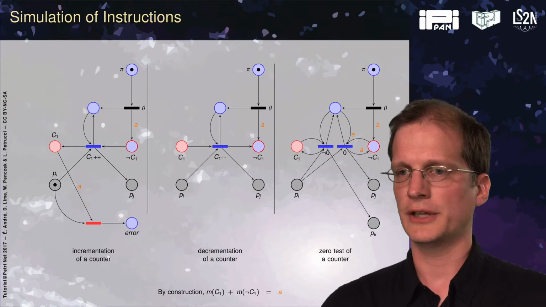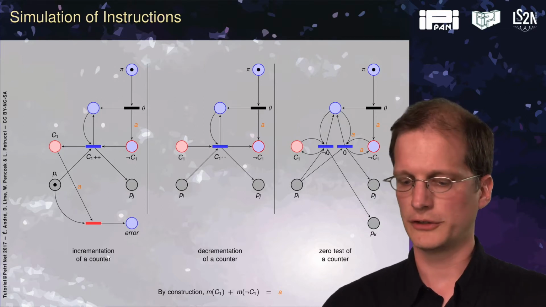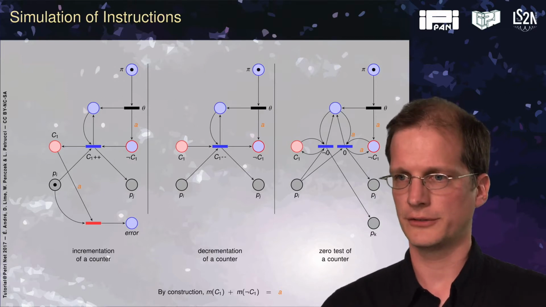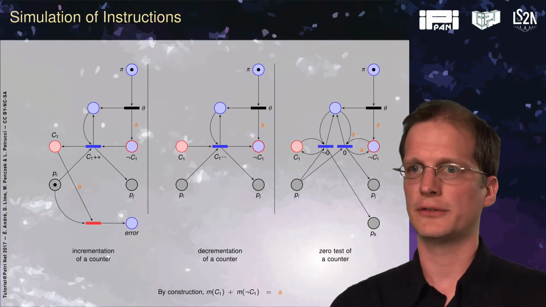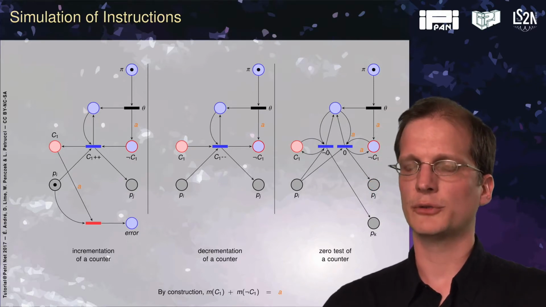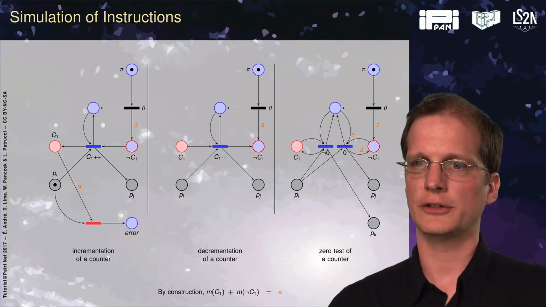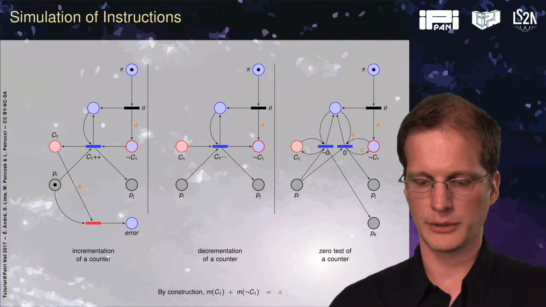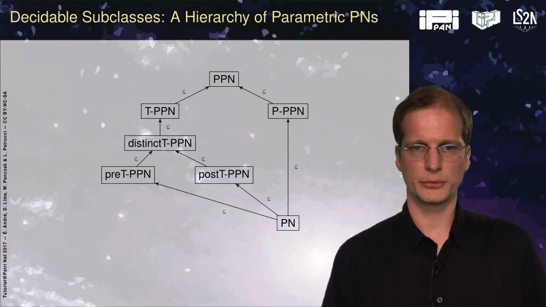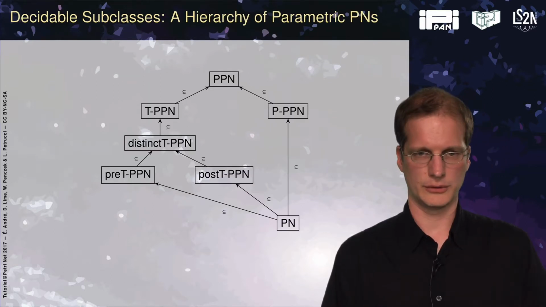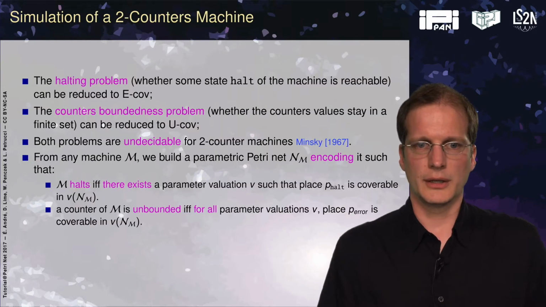So when we want to test for halting of the machine, we can just test if we reach some place like this one, which corresponds to the halting state of the machine. And if we want to test boundedness of the counter of the machine, we will just use this error place. So how does it work? I think it was a slide before.